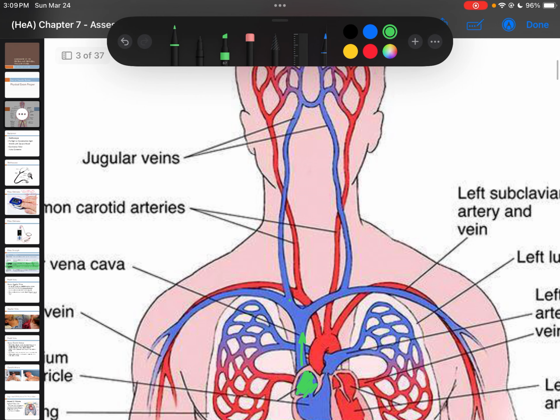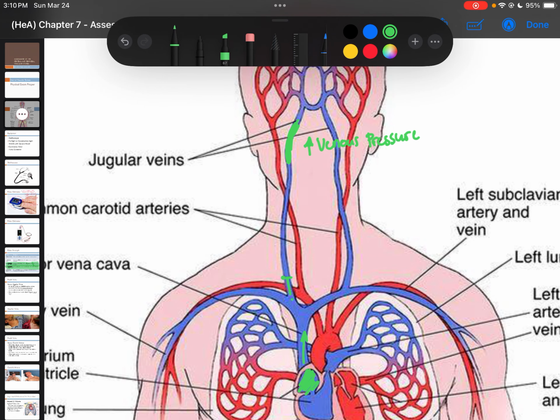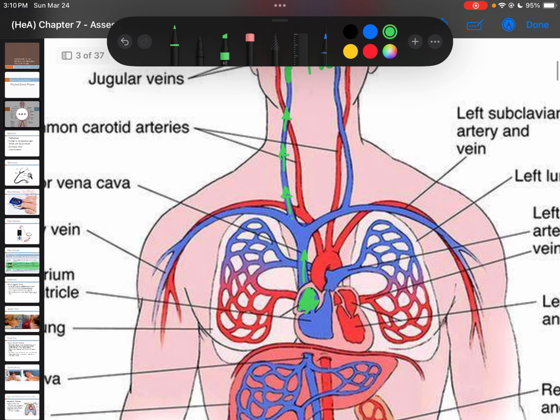Since there is a lot of blood here, there is increased venous pressure, correct? Because all the blood is flowing back to its original source. There is backflow.